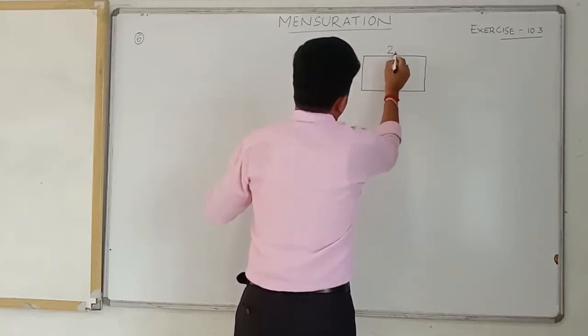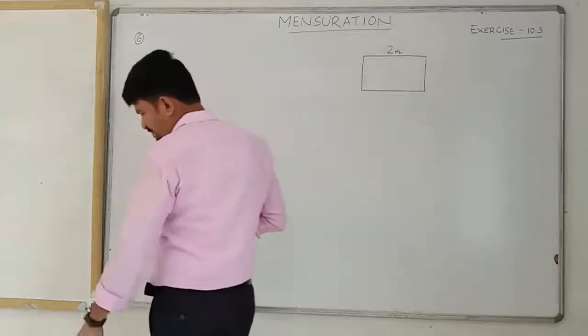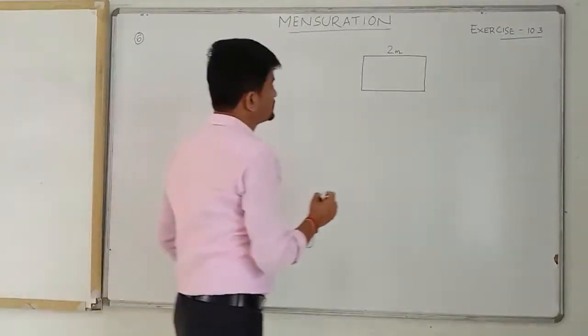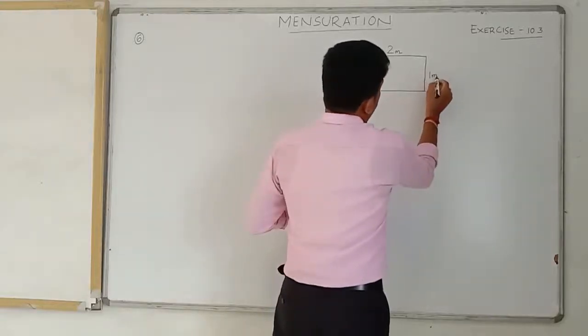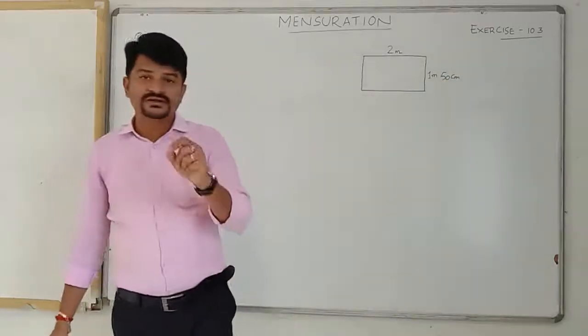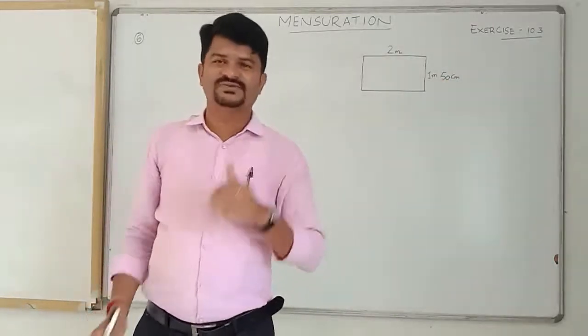Two meters length, and the breadth is 1 meter 50 centimeters. But here we need to find the area in square meters only.